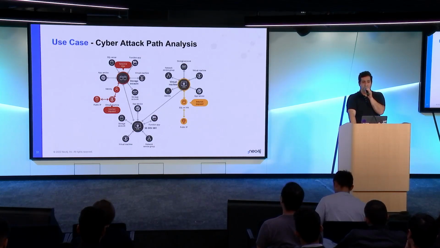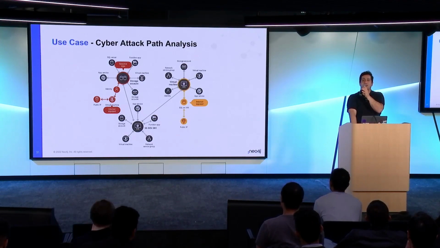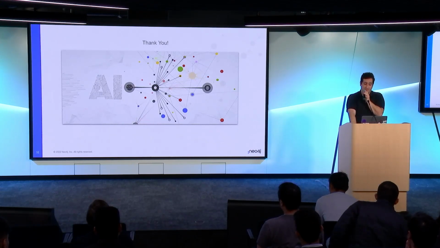That's pretty much the entire thing I wanted to bring. It's mainly about saying that graph is literally the underlying layer of all of those generative AI technologies, because AI pretty much means finding patterns and relationships. It's all about this. Thanks.